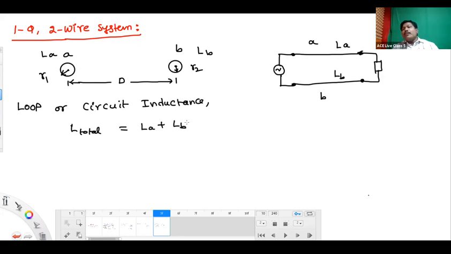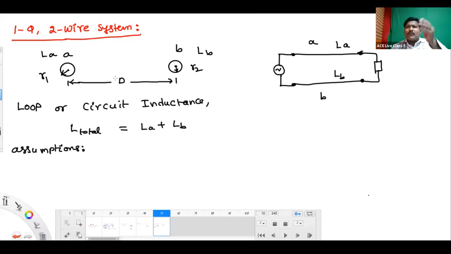Before moving to the calculations of LA and LB, I want to tell some assumptions. The first assumption is that the radii R1 and R2 are very, very small compared to the D value.